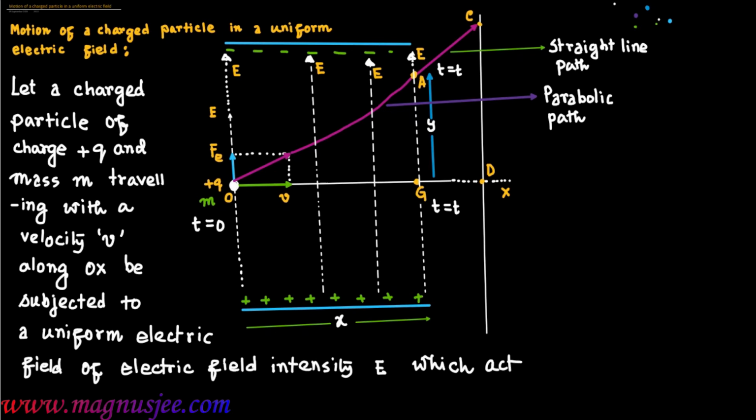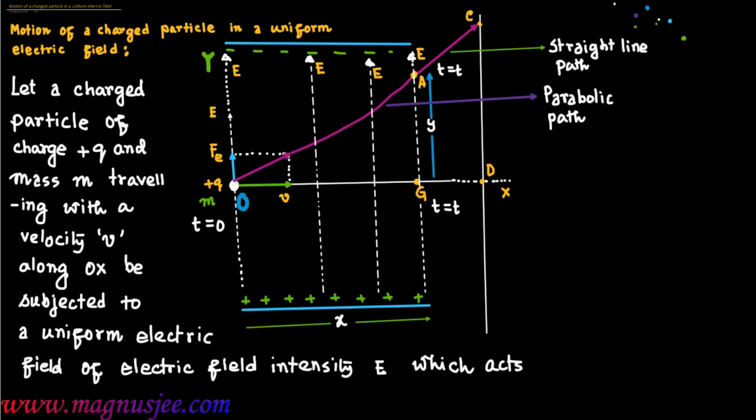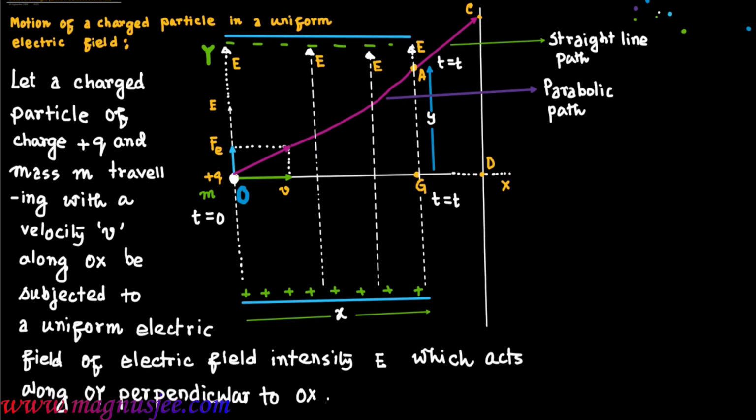which acts along OY. This point is O and that is OY, and electric field intensity acts along OY, which is perpendicular to OX.